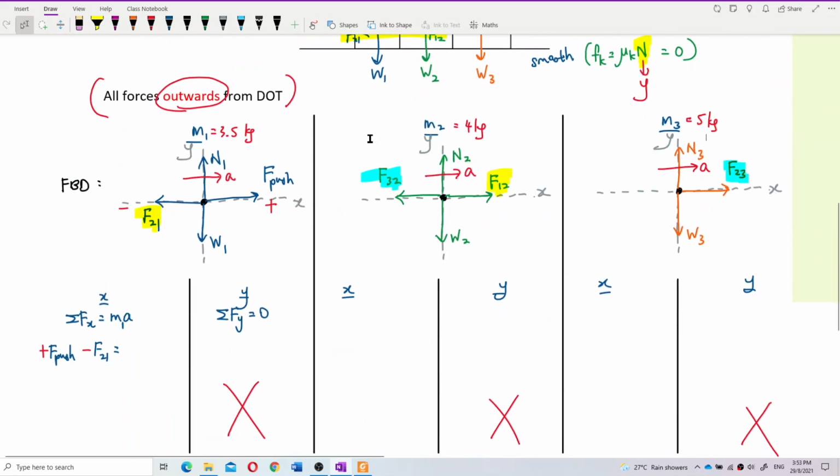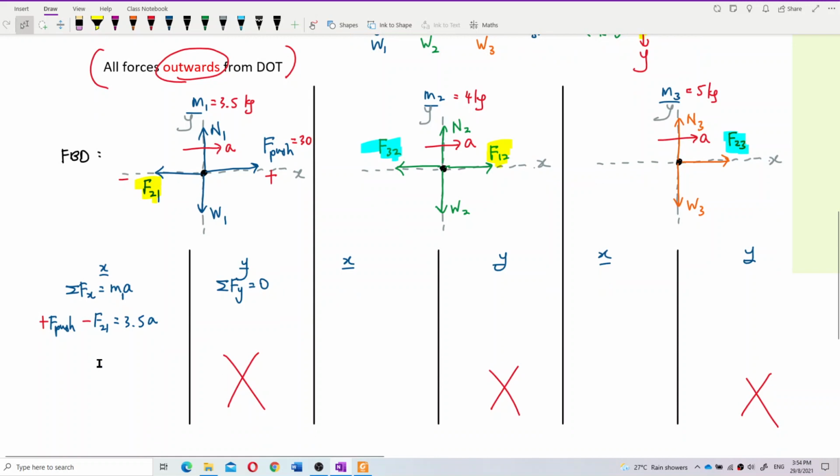So this mass 1 is 3.5. The pushing force is 30 Newton, minus F21, equal to 3.5 times acceleration.